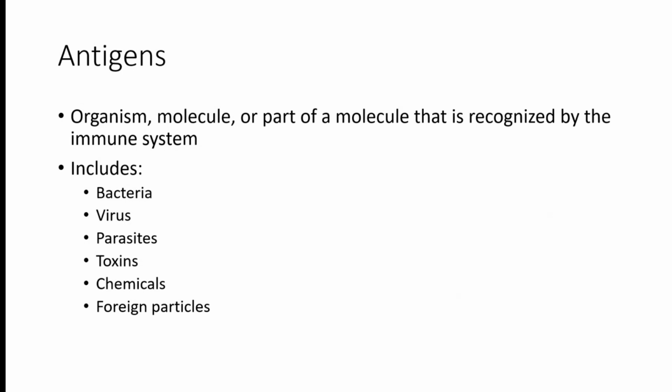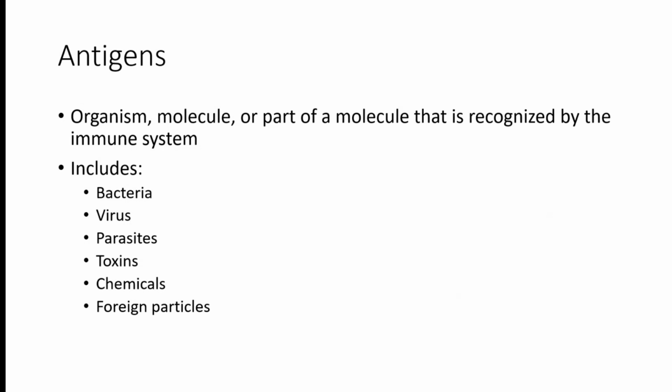So you can use this term to mean an entire bacteria cell, or you can use it to mean a part of that cell that is being recognized by the immune system. So at the end of the day, an antigen is something foreign that might be a bacteria, might be a virus, or it might be a part of a bacteria or a virus.